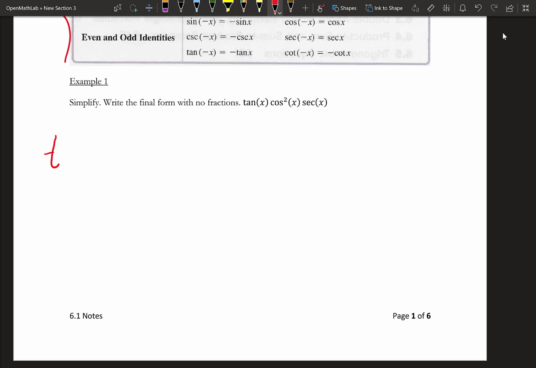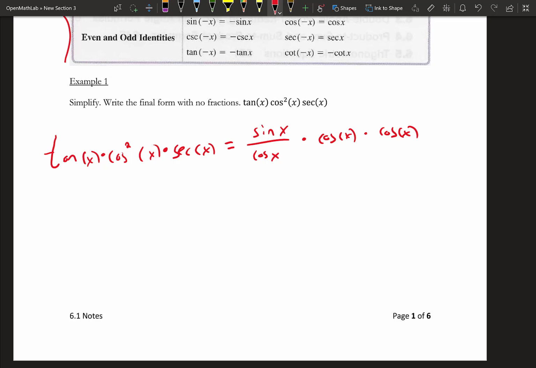So what we have is tangent of x times cosine squared x times secant of x. I'm going to use the quotient identity for tangent, which is sine x over cosine x. Then cosine squared x we can rewrite as cosine x times cosine x. And lastly, secant of x is 1 over cosine x, that's the reciprocal identity.